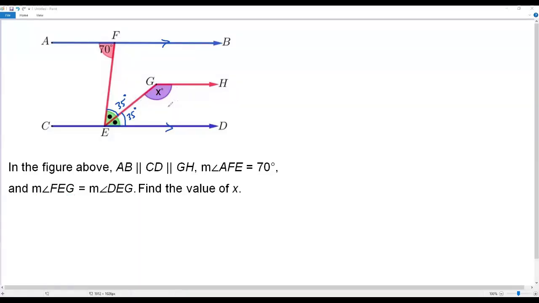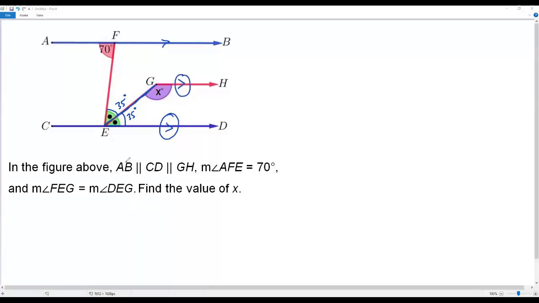Okay, and also there is information that CD and GH are parallel. So CD over here and GH over here, these two line segments are parallel. Since these two line segments are parallel, EG is a transversal, because the line segment EG intersects the two parallel line segments GH and CD.